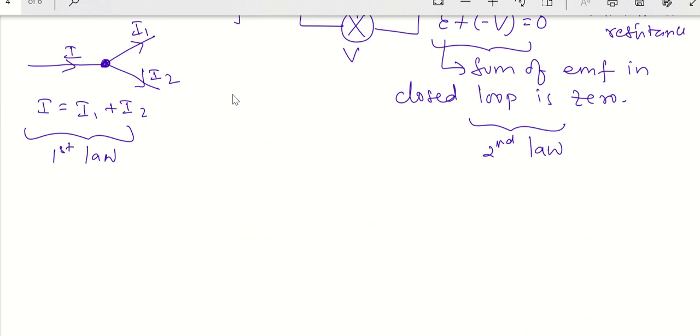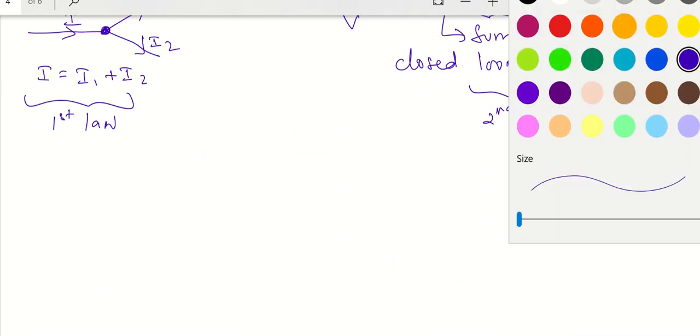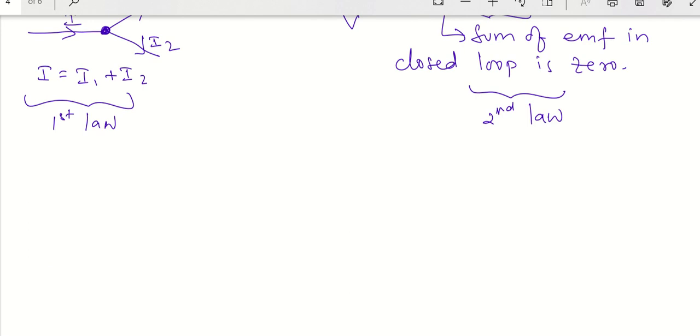How do I apply it? Before I apply it, there is a rule. The rule is something like this. One second, it went down here. Okay, so if I have a circuit, I am going to make the rules first.